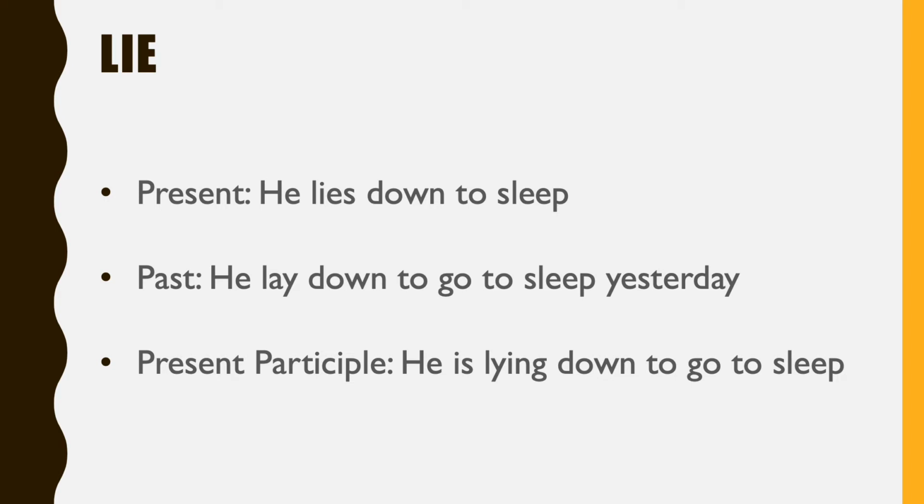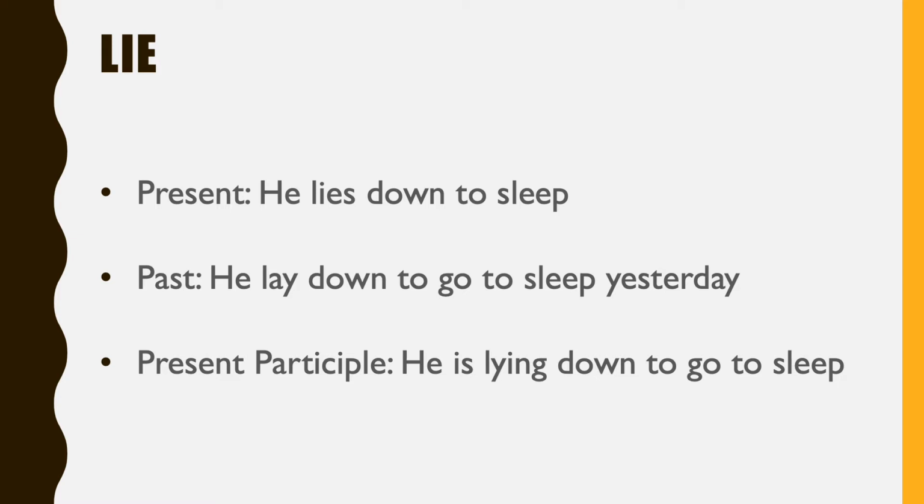Lie also has different versions, and this is why people get confused, because the present tense makes sense. He lies down to sleep. But in the past tense, we're now going to use lay. This is one of those complications and many reasons that people don't understand the difference between past and present tense and lie versus lay.